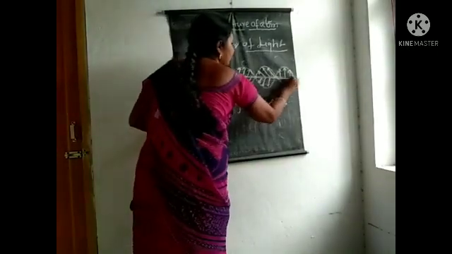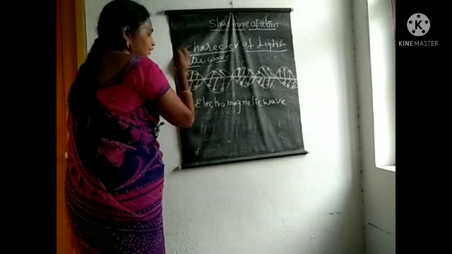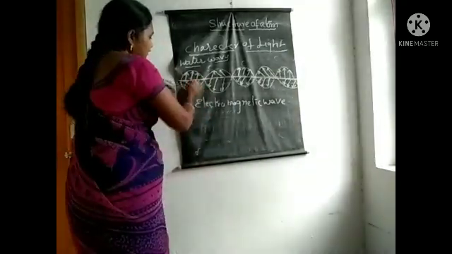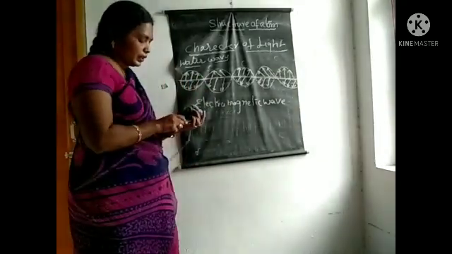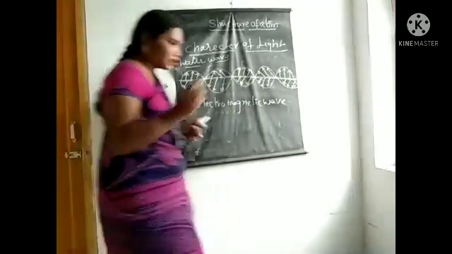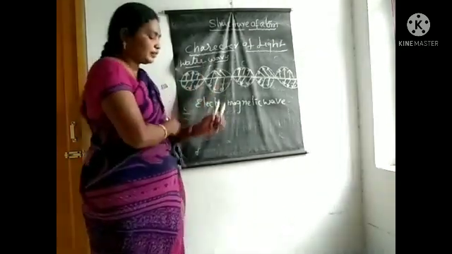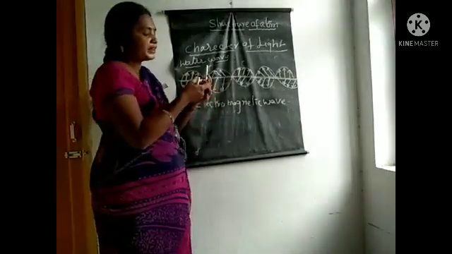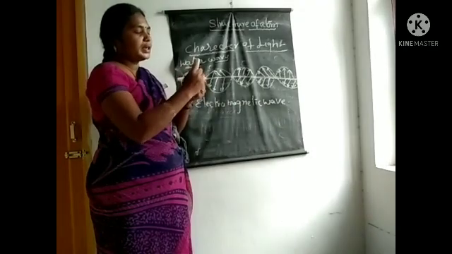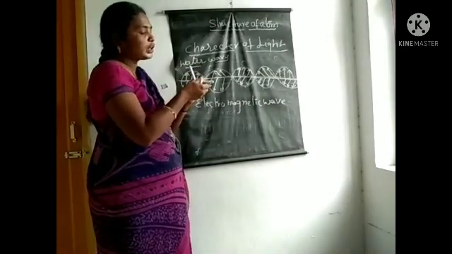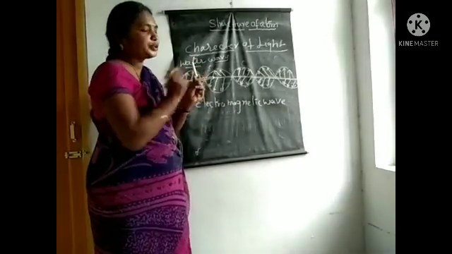Here it is the wave propagation, the electric field, and the magnetic field. The electric field and magnetic field are always perpendicular to each other.